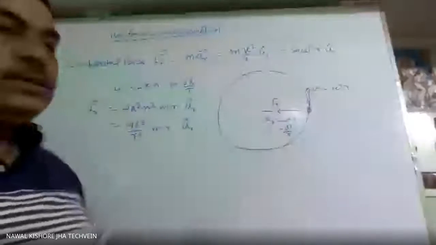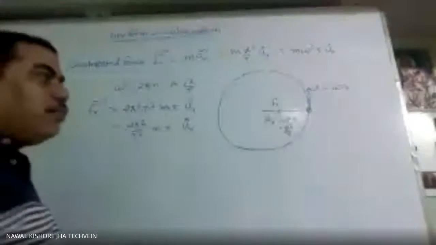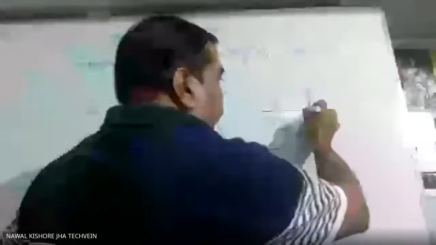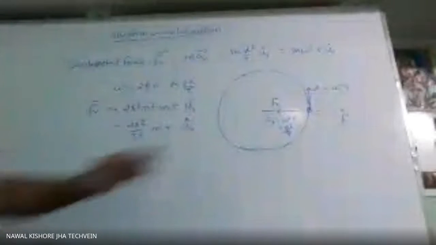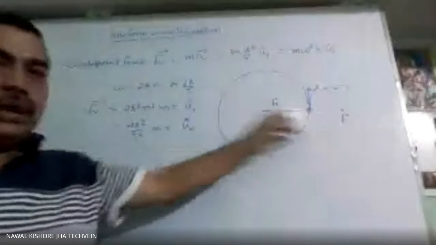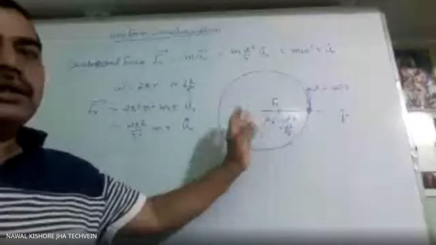So here the concept of centrifugal force comes. And that we say is an imaginary force. So this is centrifugal force. As centripetal force is acting on this object, but then also it is not moving towards the center, that means some other force is acting on that object.